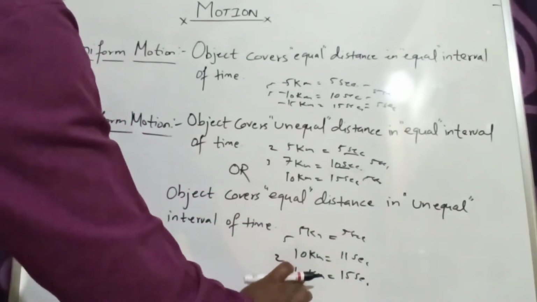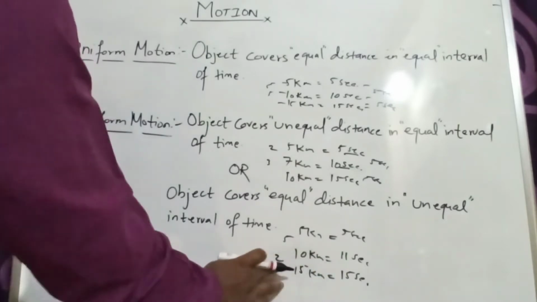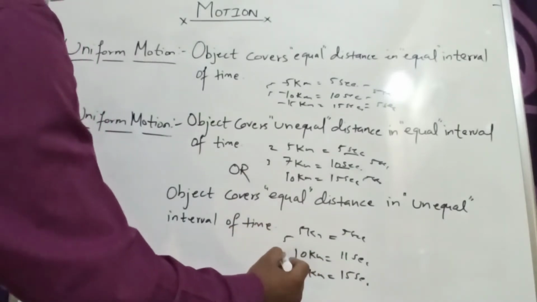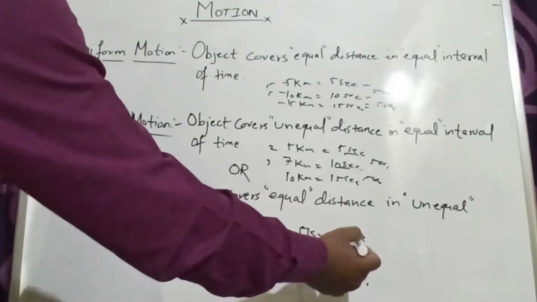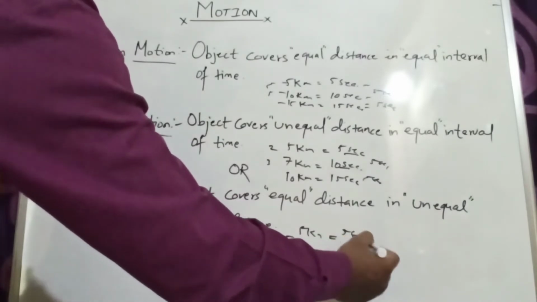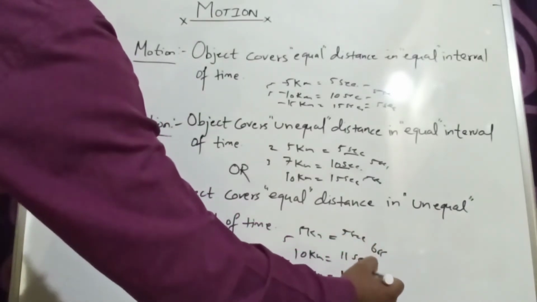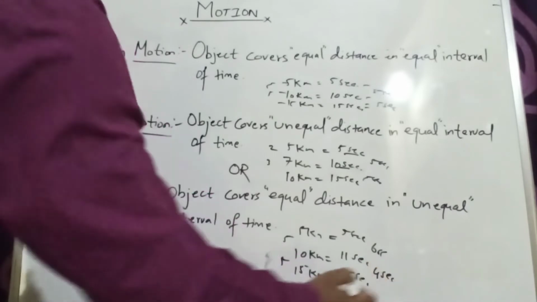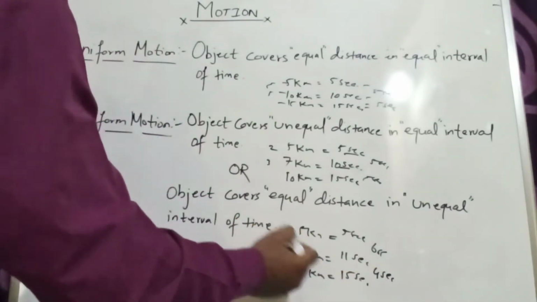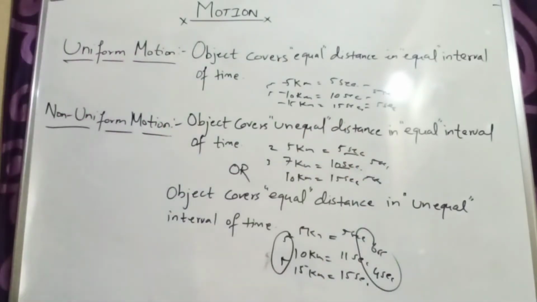So the distance gap here is 5 km, but see the time difference: 11 minus 5 is 6 seconds, 15 minus 11 is 4 seconds. So distance is equal but time is not equal. So this kind of motion is a non-uniform motion.